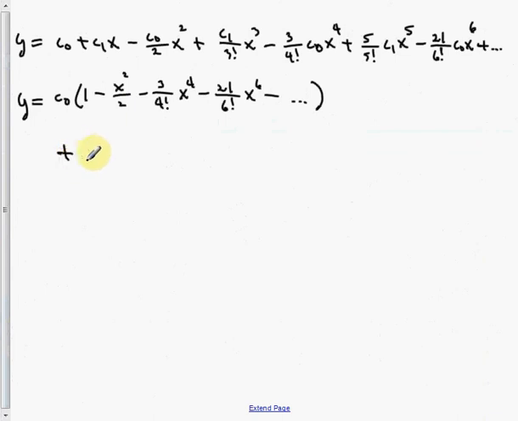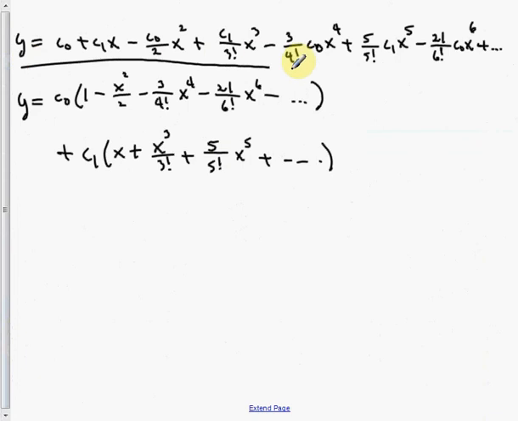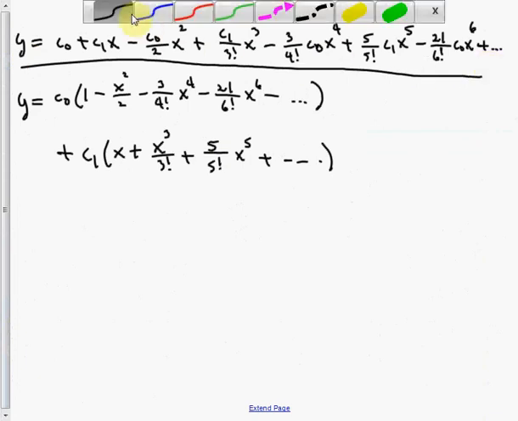Then plus c sub 1 here times x. And the next one is plus x to the third over 3 factorial, plus the next c sub 1 is the 5 over 5 factorial times x to the 5th, and plus, and so on. So these become our two solutions.